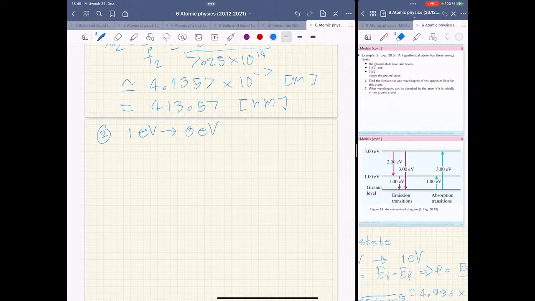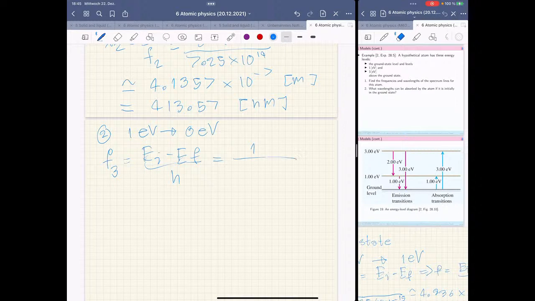So you would have f number 3, which will be Ei minus Ef divided by h, the Planck constant. Ei is the initial state, which is 1. 1 minus 0 is going to be 1 eV.